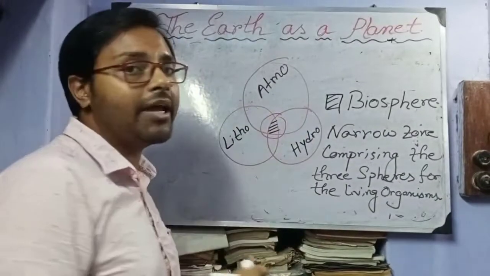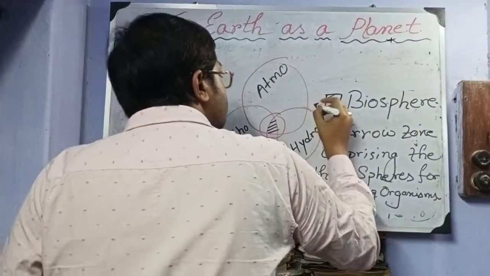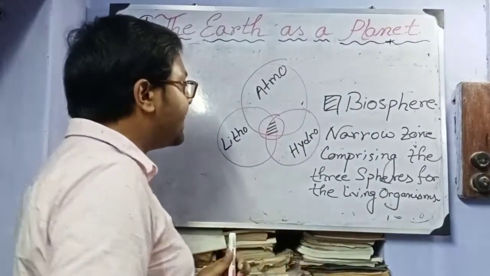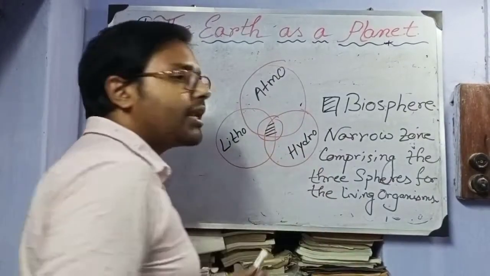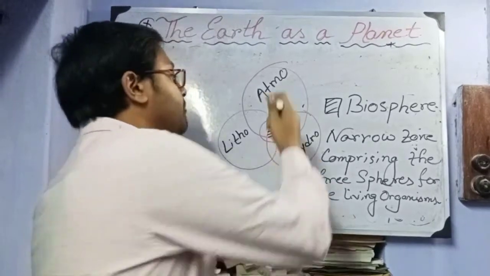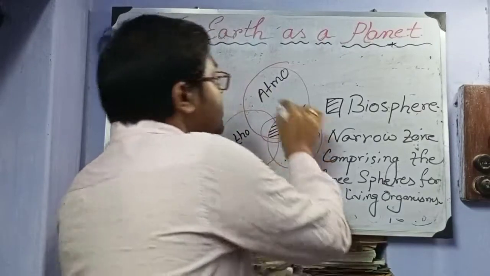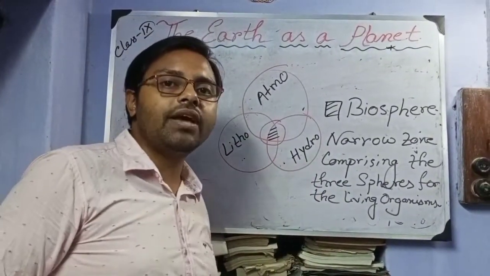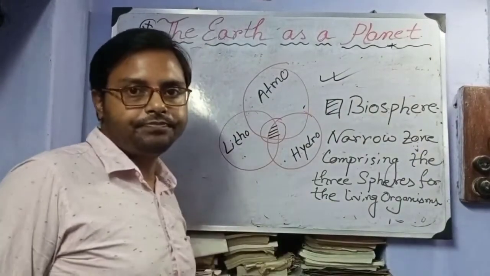No living organisms like plants and animals can live only in the atmosphere. They need the comprising of these three layers. But there are so many microbes which can live only in the atmosphere, only in the hydrosphere, or only in the lithosphere. But these three spheres have comprised and created the biosphere, which has made the earth a habitat planet.